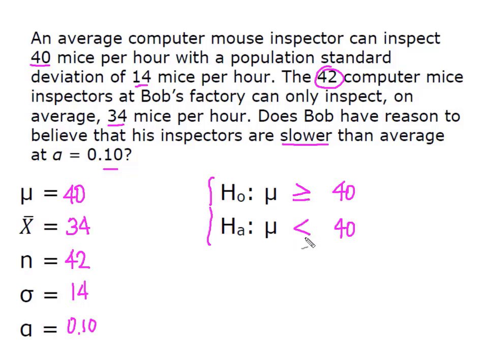I knew to put my less than sign in HA because there is never an equal to sign in the alternative hypothesis. Last thing is I need to determine what type of test I'm going to run. Well, I was given the population standard deviation, and when I test for the mean with the population standard deviation known, I know that I'm going to run a one sample z-test.